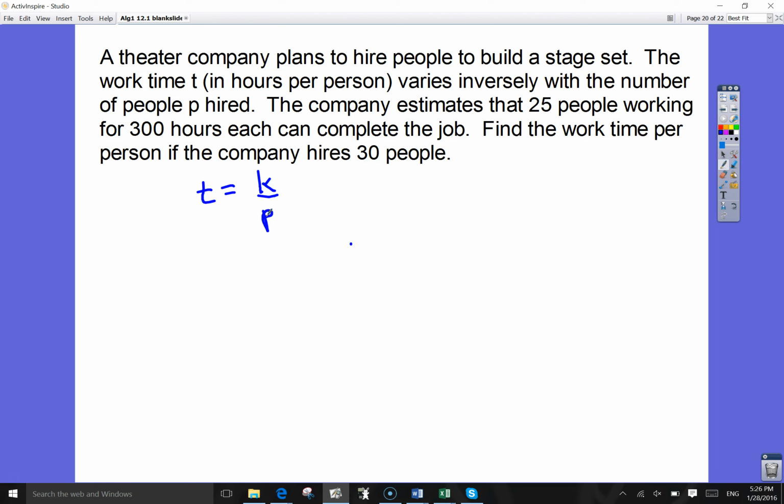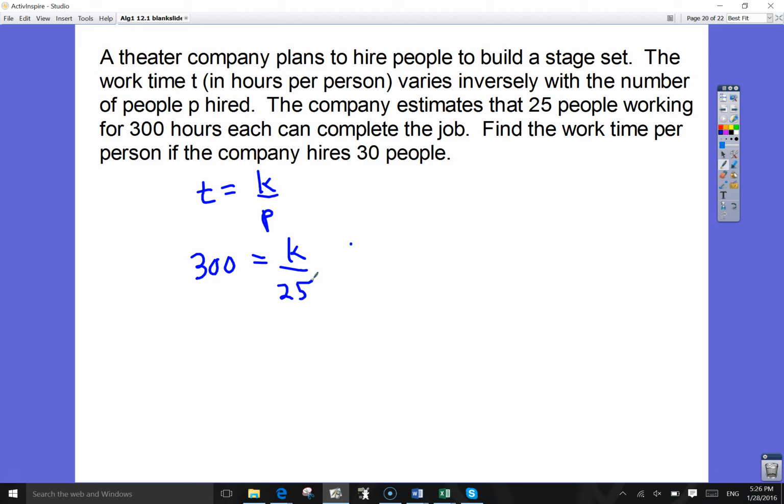The company estimates that 25 people working for 300 hours each can complete the job. So 300 is the time, and 25 is the number of people.